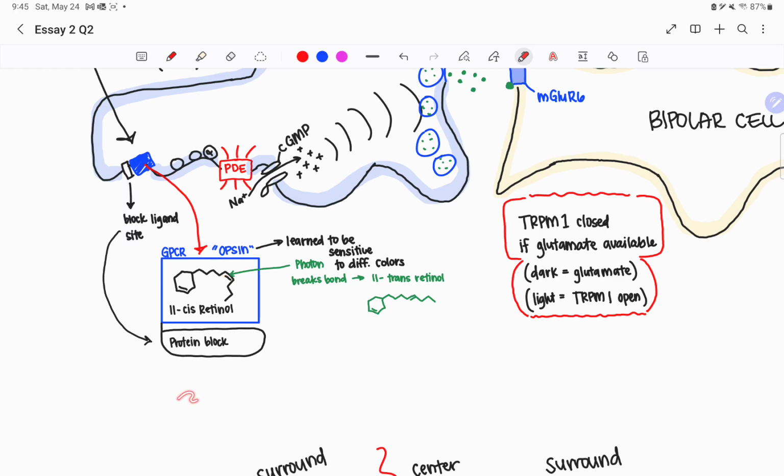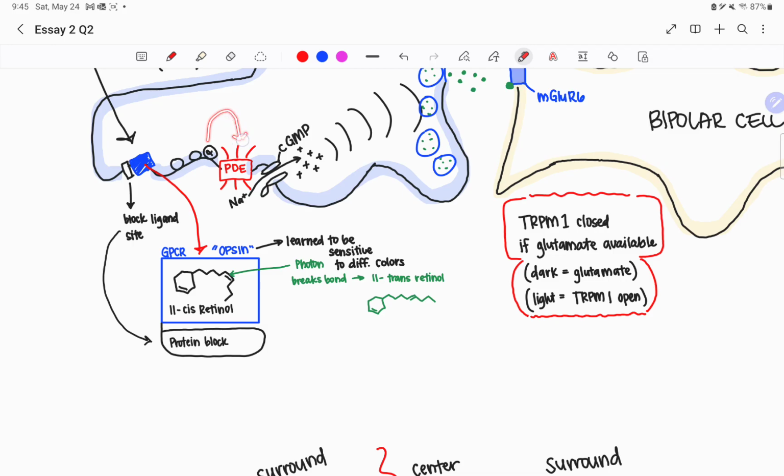What happens is when light comes in, it strikes this bond, breaks it, and turns it into a trans-retinol, okay, right here. Now, when that happens, that activates our GPCR.